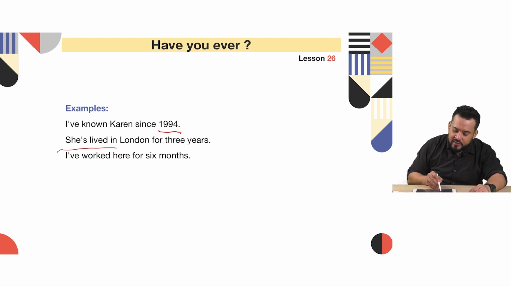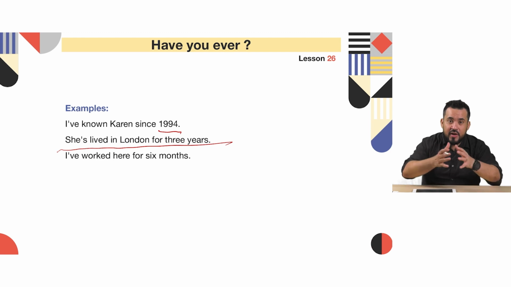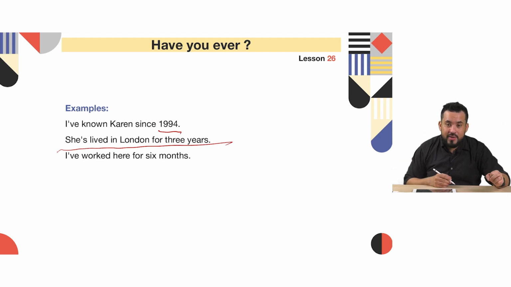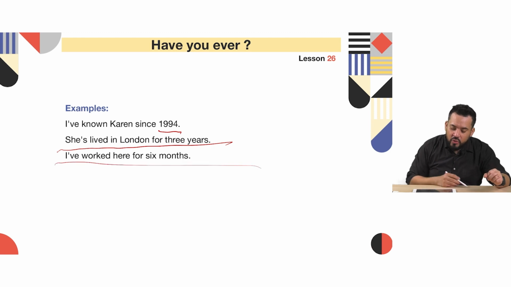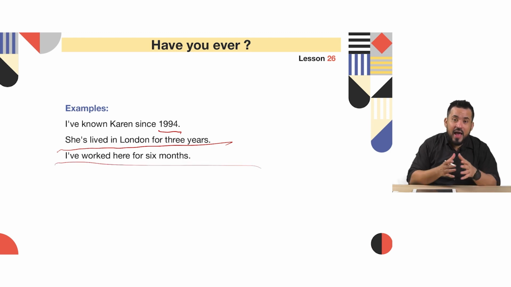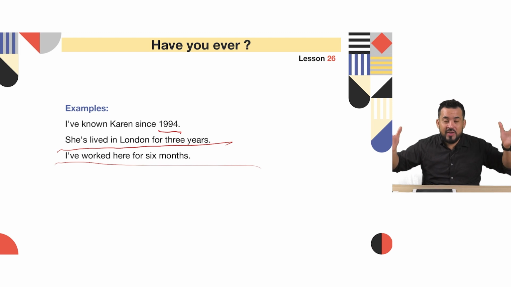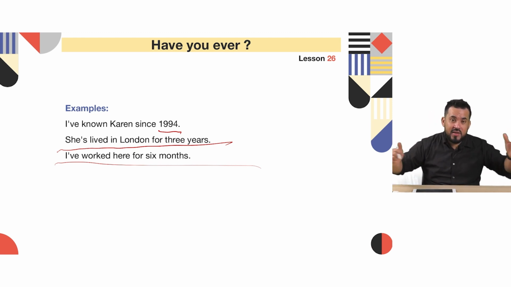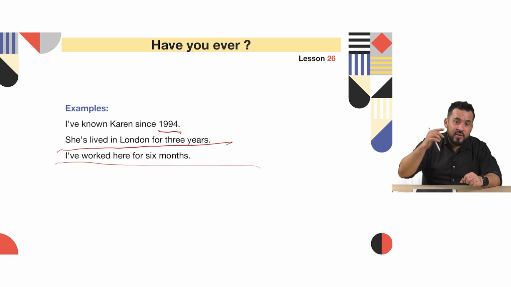She has lived in London for 3 years. Now we're talking about a period of time. She's lived in London for a period of 3 years. I have worked here for 6 months. I have worked here for a period of 6 months. So for period of time, since one point in time, and that is the starting point.